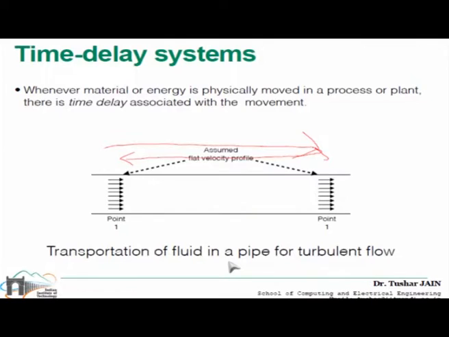So if I want to model the system, let's say that a property at point 1 is denoted by x, and the same property at point 2 is denoted by y. Then what is the relationship between x and y?